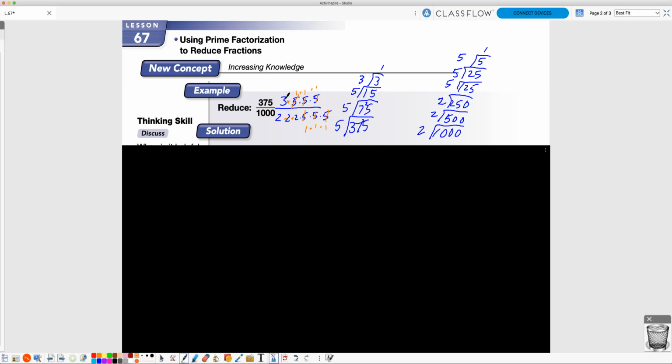So 3 times 1 makes 3 in the numerator, and 2 times 2 is 4, 4 times 2 is 8, and 8 times 1 times 1 times 1 is 8. So the answer to 375/1,000 as a reduced fraction is 3/8.